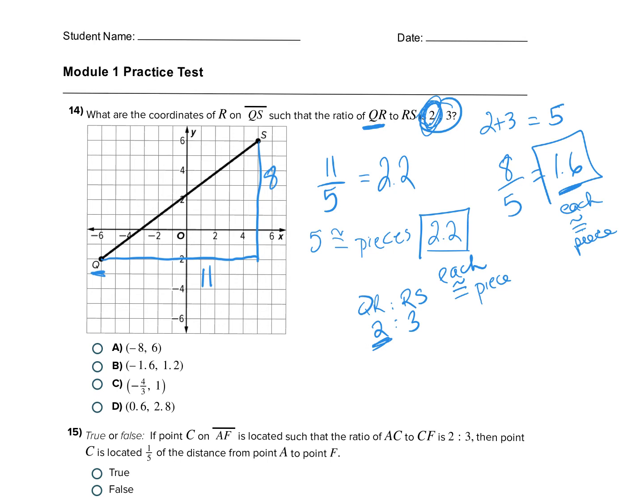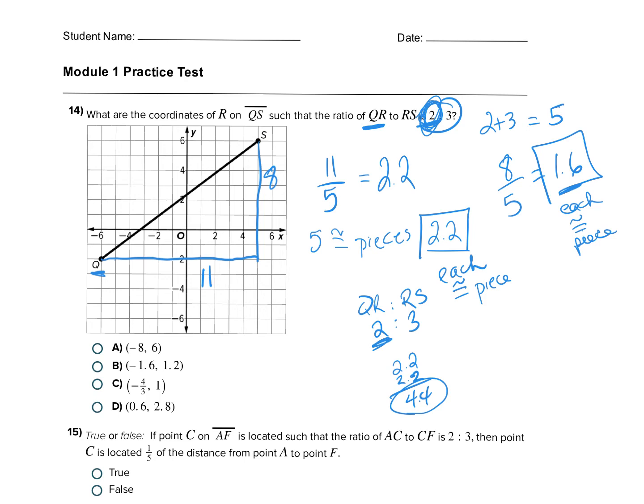So I need 2 units. So 2.2 plus 2.2. So along the x-axis, point R is actually 4.4 units from Q, because I needed 2 pieces, because again, it's all based on this ratio of 2 units each.